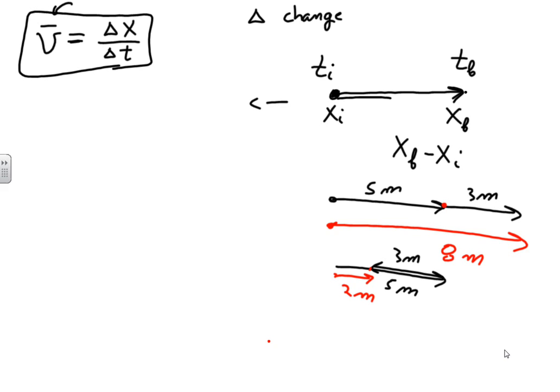You see, now we don't agree. 8 meters equals the change in distance, but 2 meters is the change in displacement. A little arrow on the top tells you it's a vector. We're going to get into more detail with that when we talk about two-dimensional motion, but for now, I just wanted you to know what these terms are.